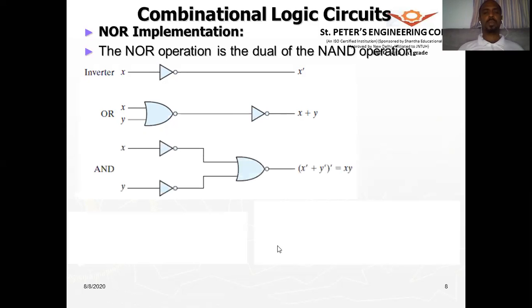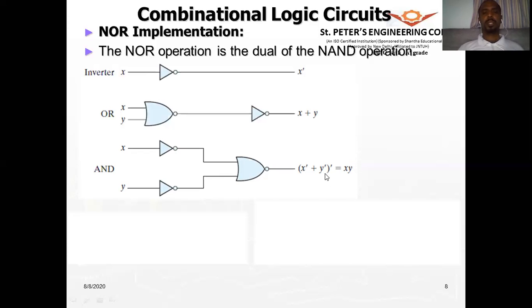Similarly, you can also implement the AND operation. So you can see that all the basic gates can be realized using the NOR gate. Therefore, we call this NOR gate also a universal gate. And you should see that the NOR and NAND are duals of each other. All right.